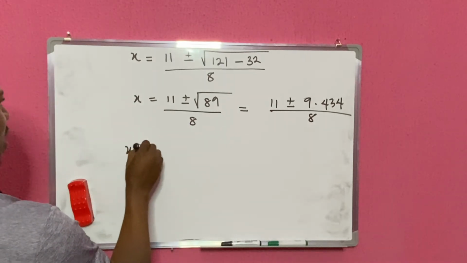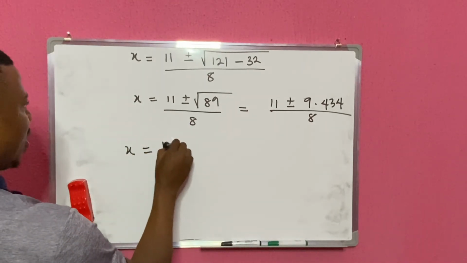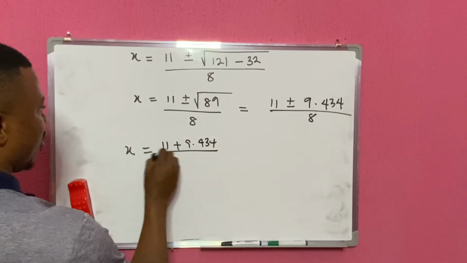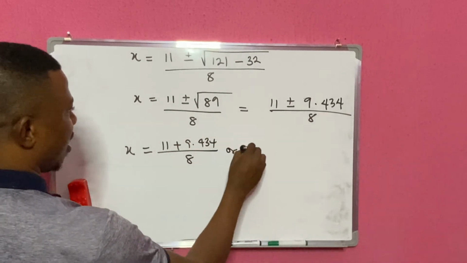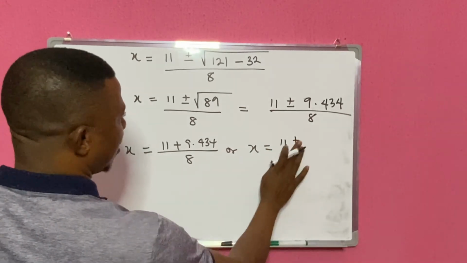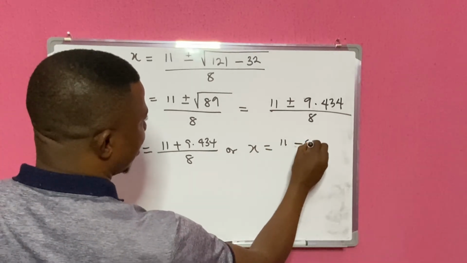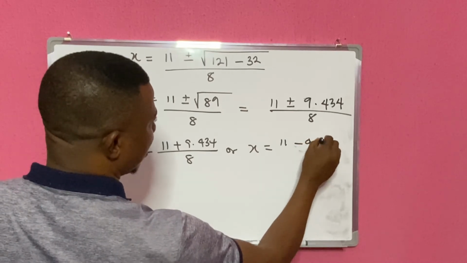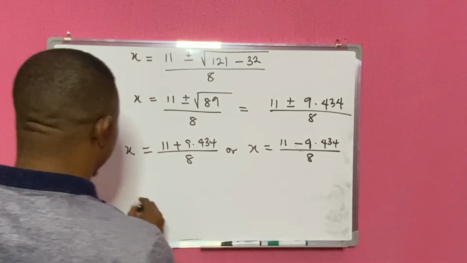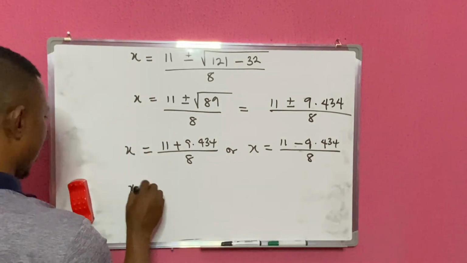So x is equal to 11 plus 9.434 over 8, or x is equal to 11 minus 9.434 over 8.